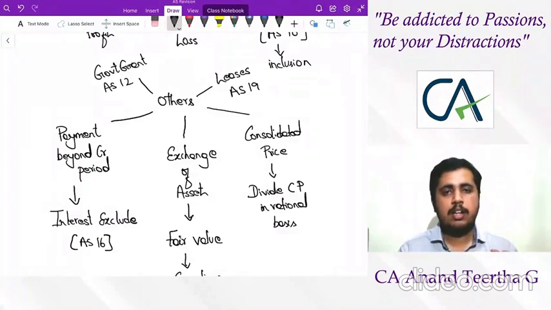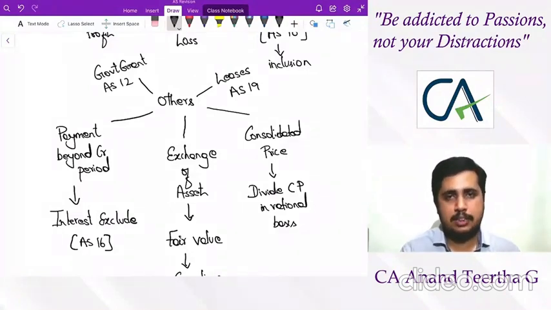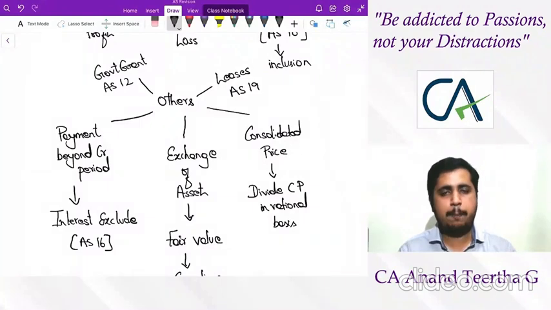So if there are any other circumstances involved while doing our PPE calculation, this is how it is supposed to be done. So this is about the initial recognition mechanism: if you buy it, if you self-construct it, and if there are any other circumstances.